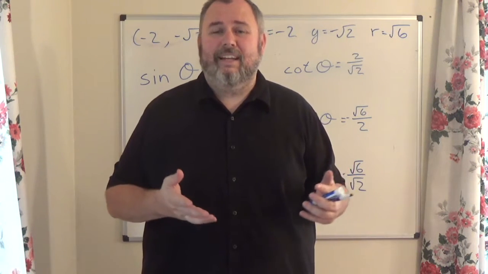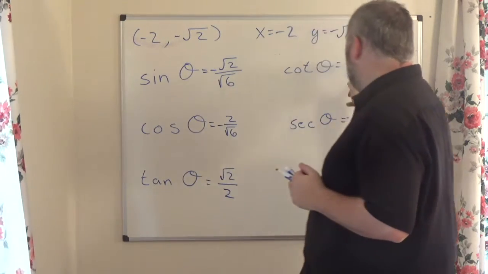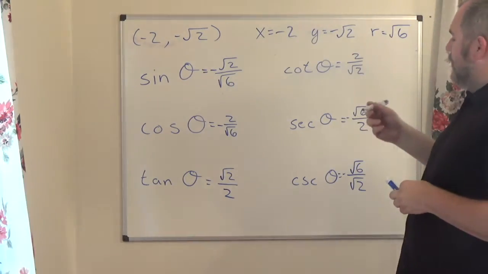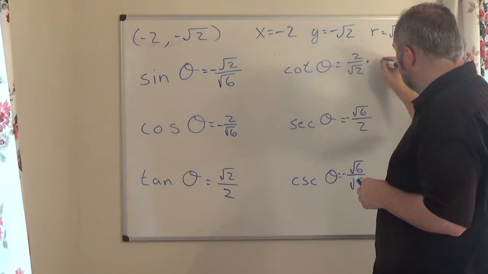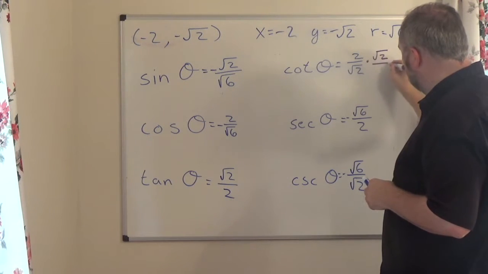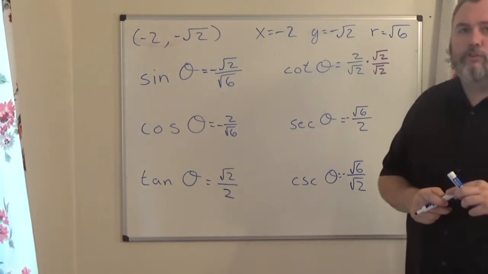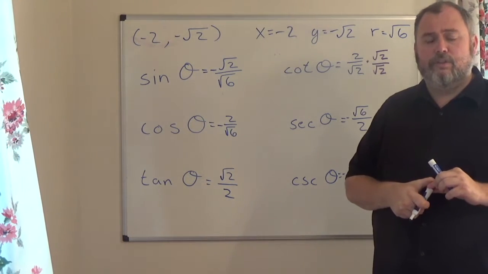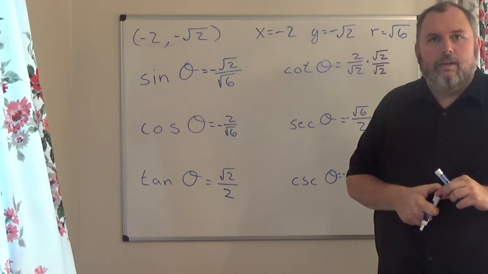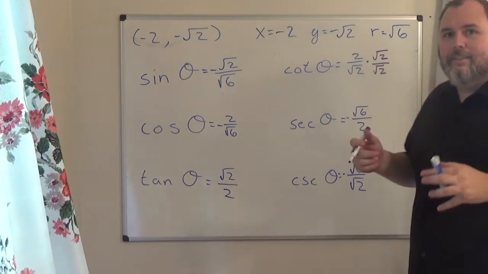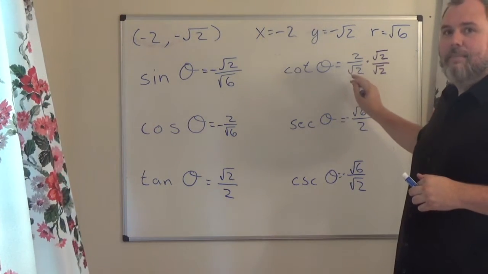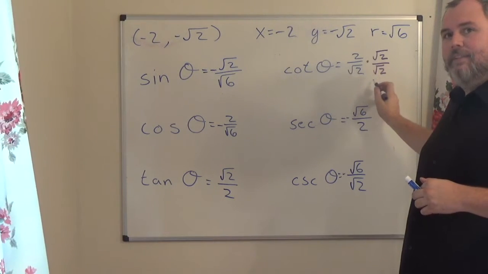So what does that really mean? I am going to try to get rid of this by multiplying by this fraction. I'm going to multiply it by the square root of 2 over the square root of 2. Technically, this is 1. But what I'm really doing is getting rid of this denominator by multiplying it by itself.